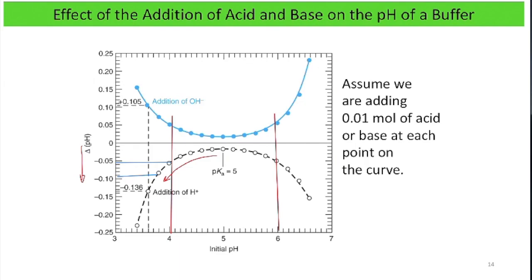By adding one extra bit of acid, we've decreased the pH by quite a bit. If we go to the next addition, we've decreased the pH even more. So the pH is decreasing even more quickly after that useful pH range. As we get further and further outside the useful pH range of the buffer, the pH changes much more drastically as we add the same amount of strong acid or strong base.